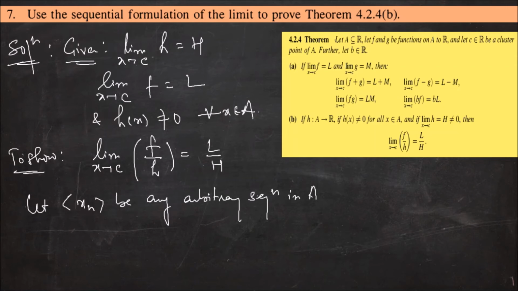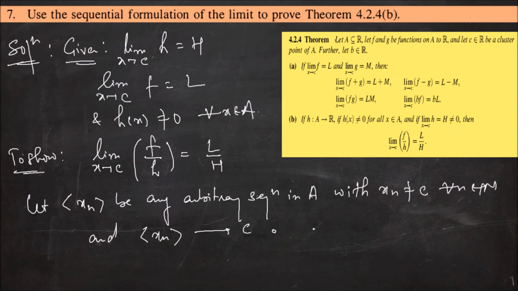So let xn be any arbitrary sequence in A with xn not equal to c for all n belonging to N, and xn converging to c. So I have taken any arbitrary sequence xn in A such that xn converges to c. So I claim is (f by h)(xn), this sequence converges to L by H. So this is our claim.